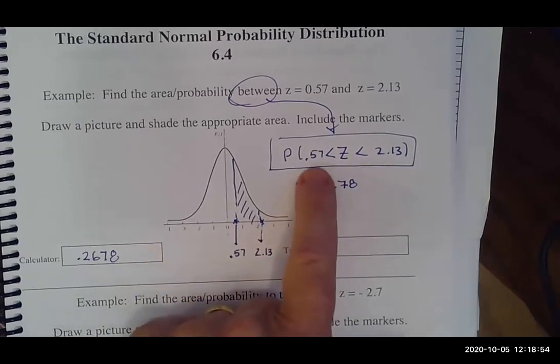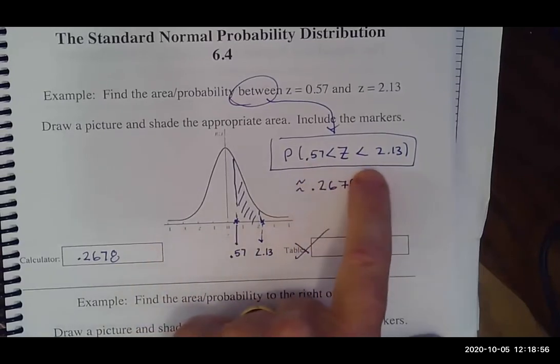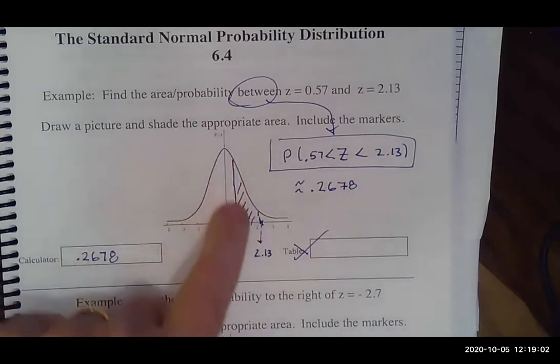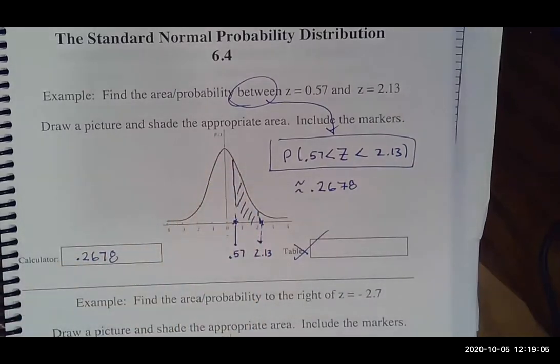You find these z-score values and shade between them, and the shaded region is called the probability. It's the area under the curve above the x-axis. We're not using a table, we just use the calculator. It's pretty user-friendly, pretty easy, as long as you know how to use the calculator.